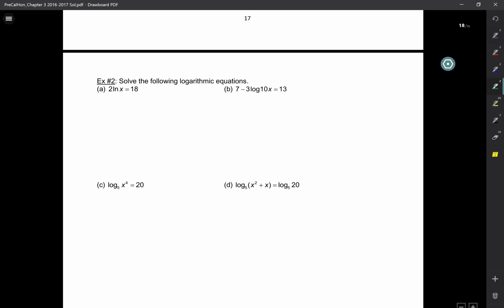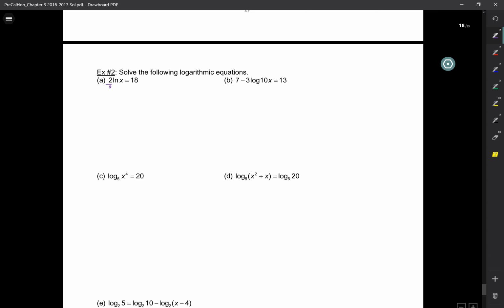Here I have 2 ln of x is equal to 18. All right, before I even do anything, I need to isolate that ln. So I divide by 2. ln of x is equal to 9. Now, what gets rid of ln's? Exponentials. What I'm going to do now is make this an exponent of an exponential.